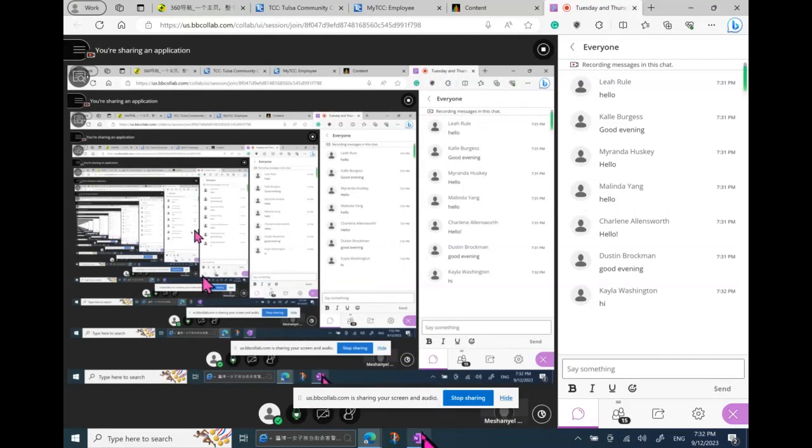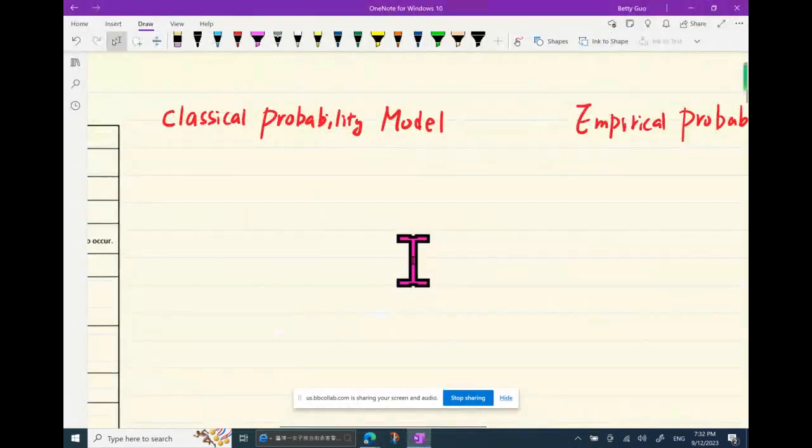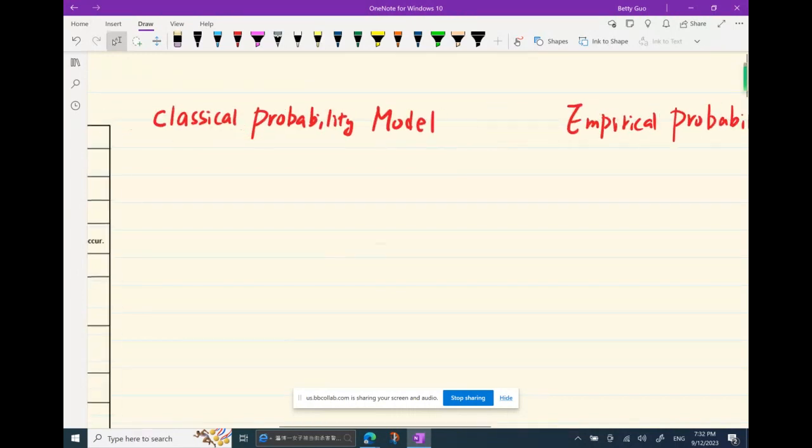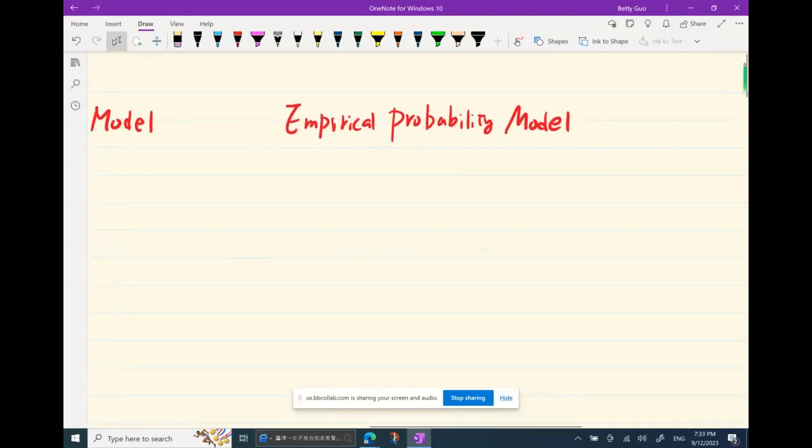So the first definition is the classical definition for probability, and the second definition is the empirical definition for probability. The two definitions are different, so the formula we use to compute the classical probability is different from the formula we use to compute the empirical probability.